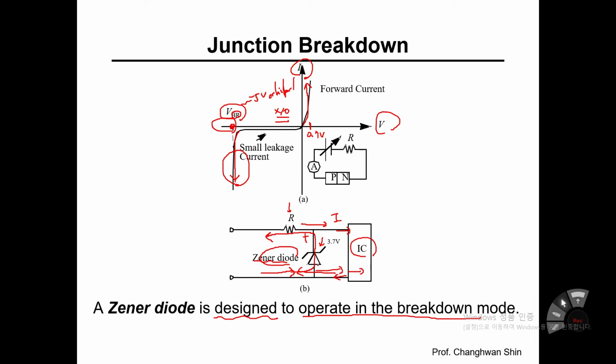Okay, so in normal operation of the IC chip, the Zener diode cannot do anything. However, if unwanted current flows into the IC chip, then the Zener diode should be turned on. Then the IC chip can be protected.